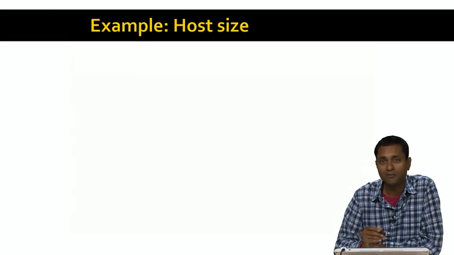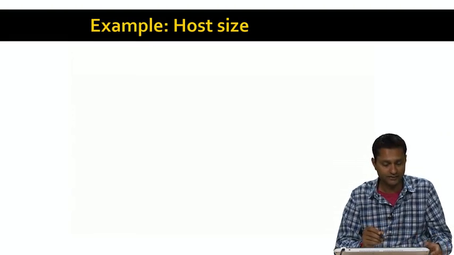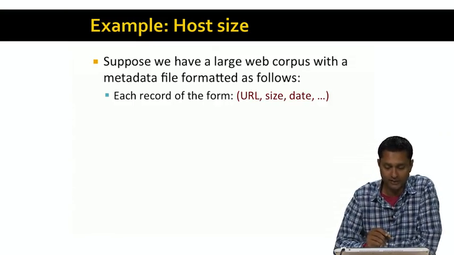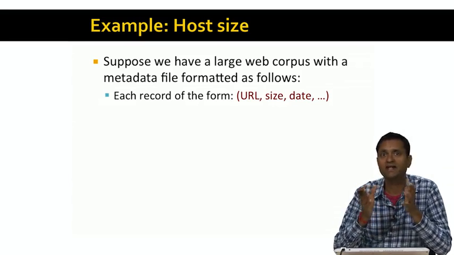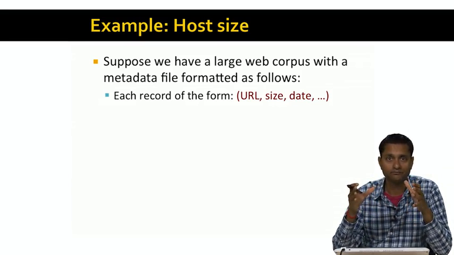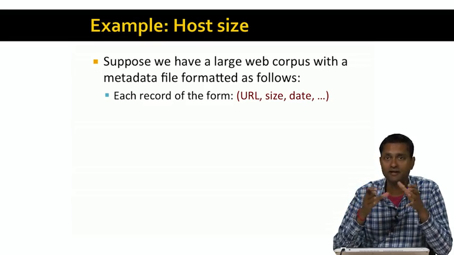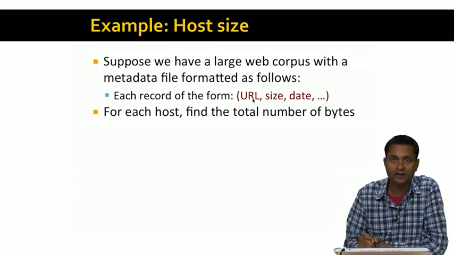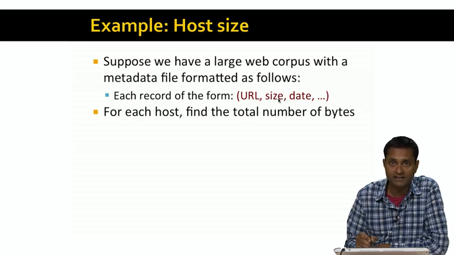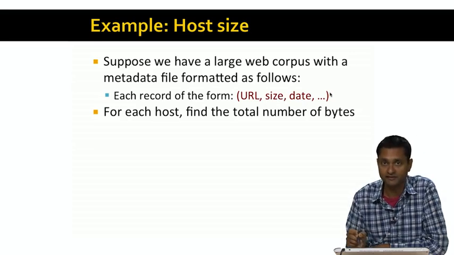Now let's look at a couple more examples. Here's another example. Suppose we have a large web corpus that we've crawled, and we have a metadata file for our crawl. And each record in the metadata file looks like this. It has a URL, the size of the file, the date it was crawled, and various other pieces of data.